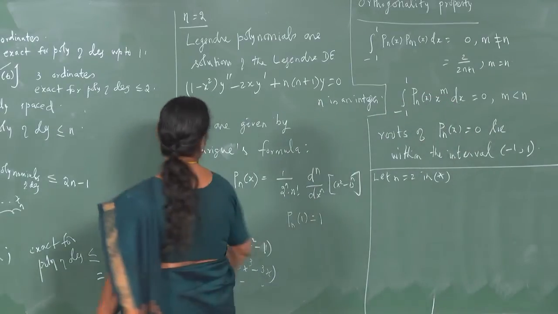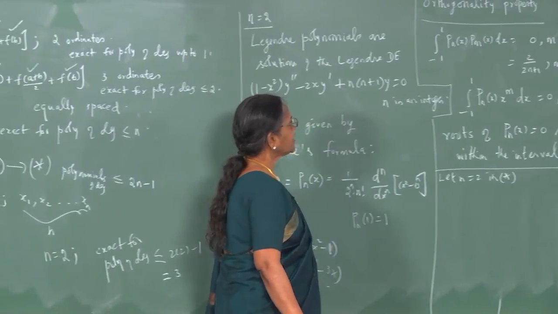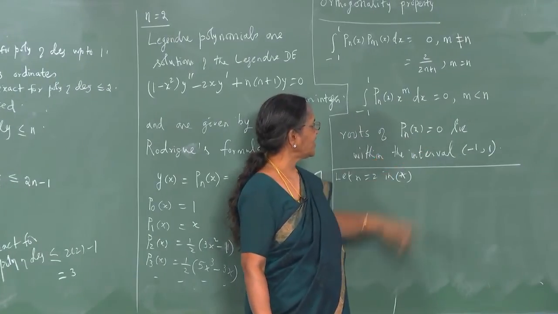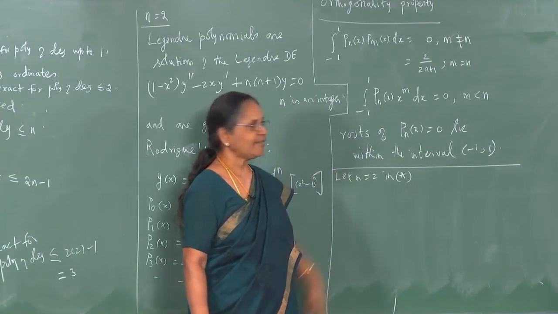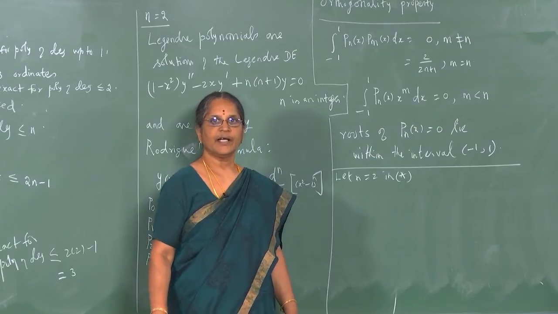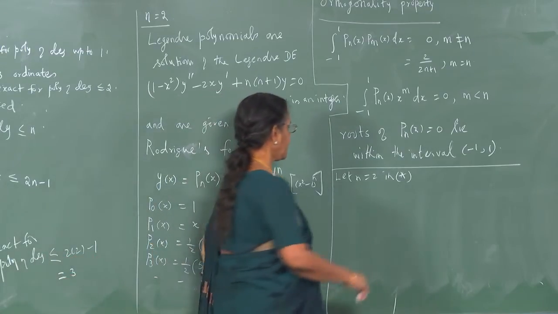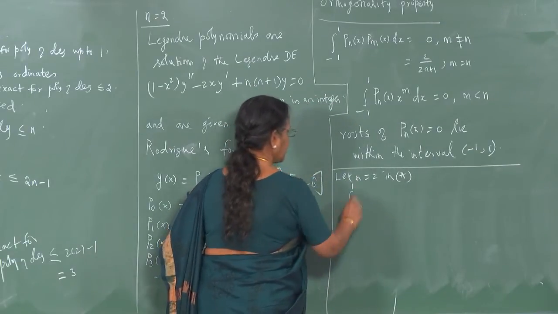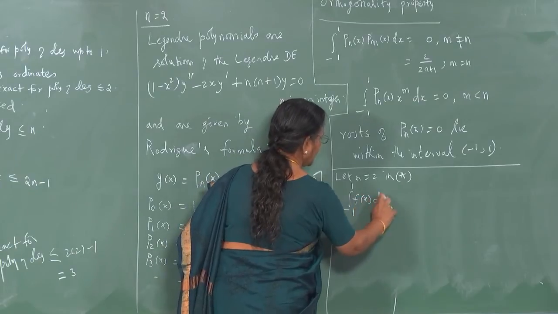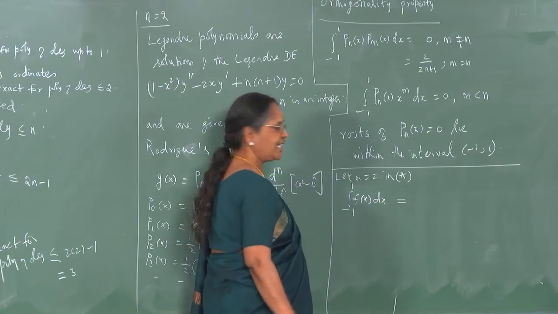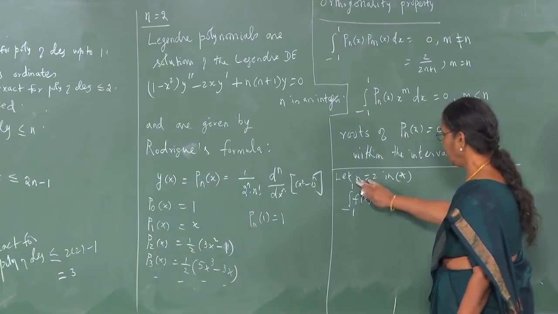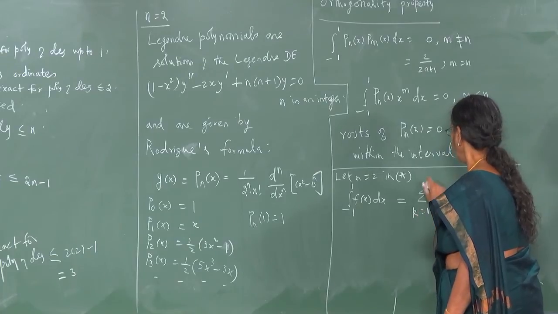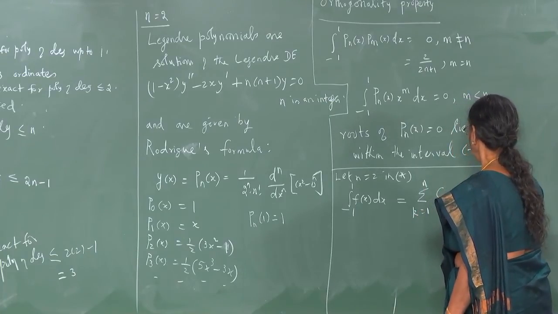Since I know that the roots of the Legendre polynomials Pn of x equal to 0 lie within the interval minus 1 to 1, Gaussian integration methods have been derived for the integral from minus 1 to 1 of f of x dx. So, we seek an integration method such that the integral from minus 1 to 1 of f of x dx is the sum over k equal to 1 to n of c k f of x k.